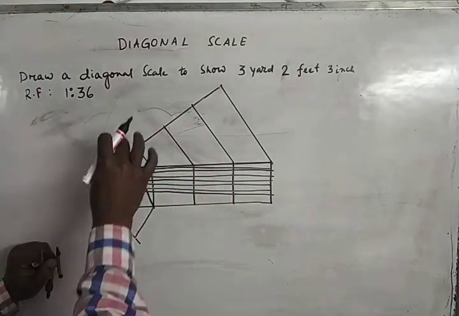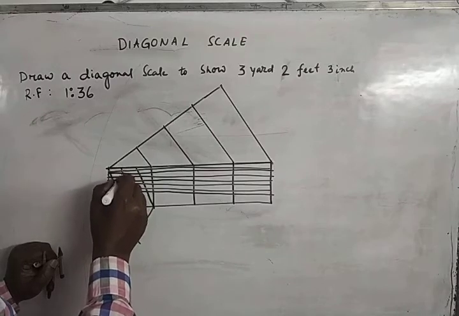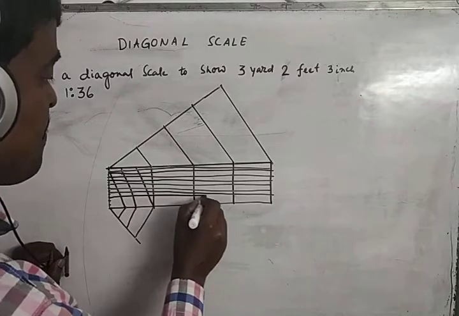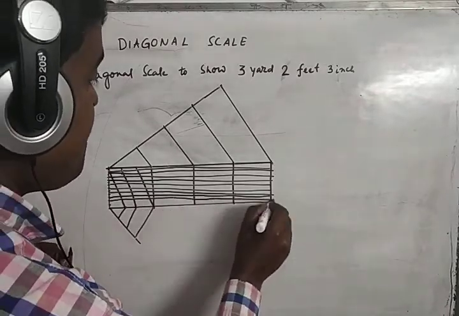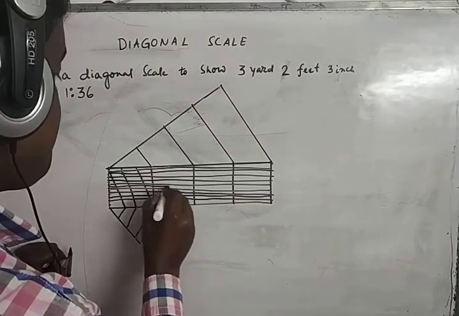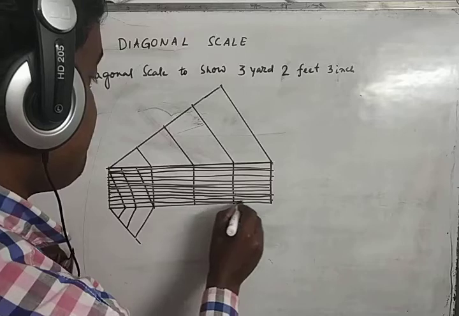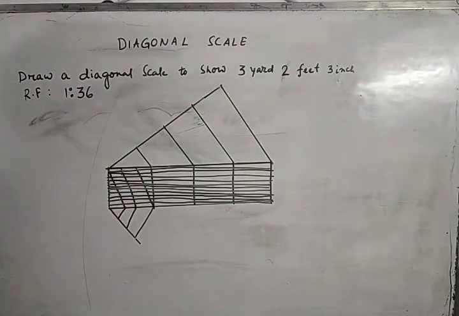Of course, the divisions should be equal. 1, 2, 3, 4, 5, 6, 7, 8, 9, 10, 11 and 12. Last one is 12.